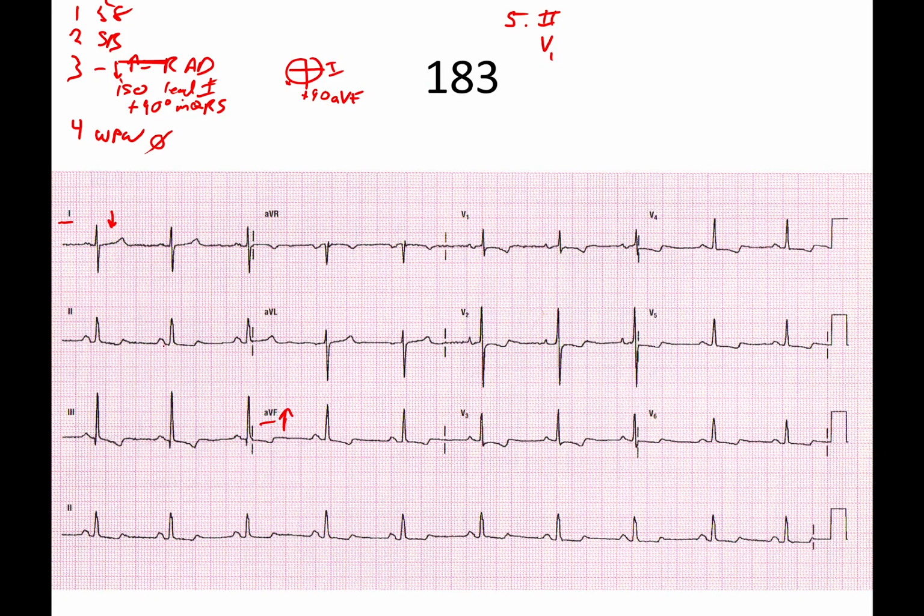waves. While those P waves do look a little tall in lead 2, they're not tall at all in V1. I do have biphasic there, but maybe the notchiest. I do have a little bit of notching in lead 2, or sorry, in lead 3.